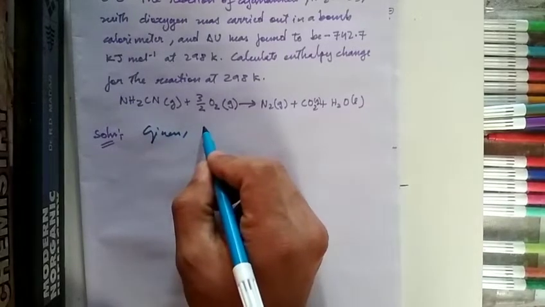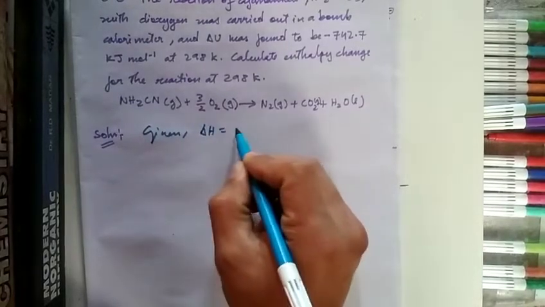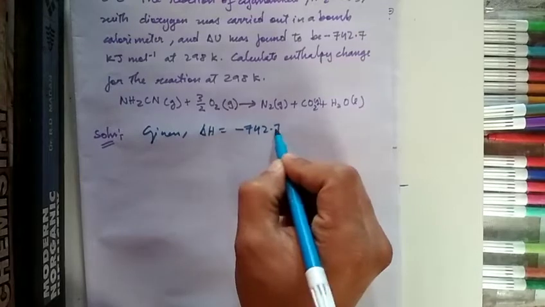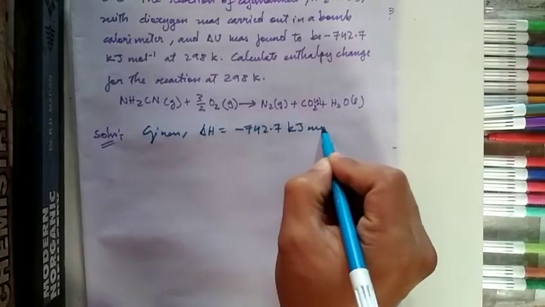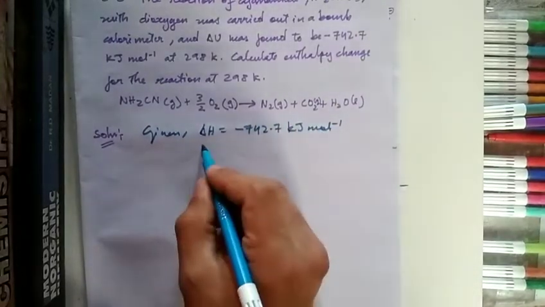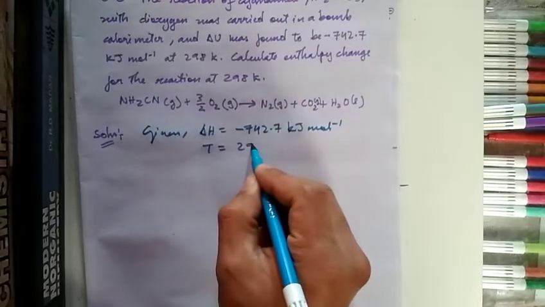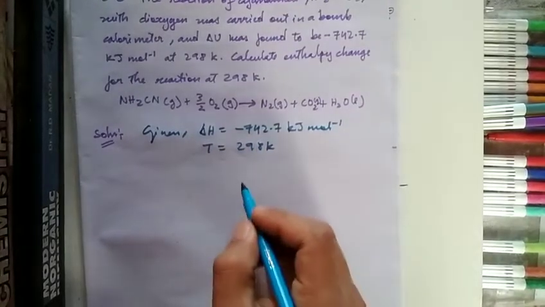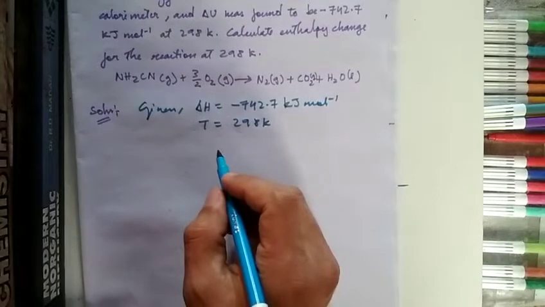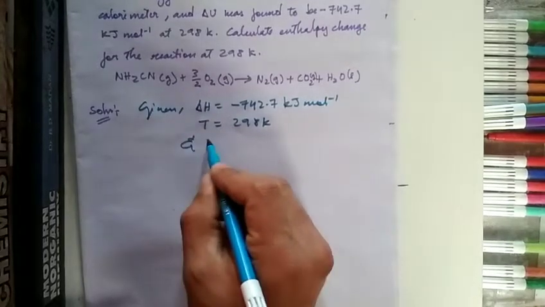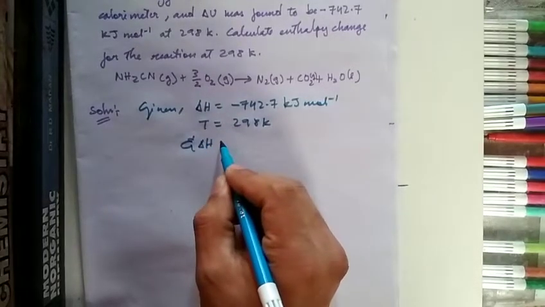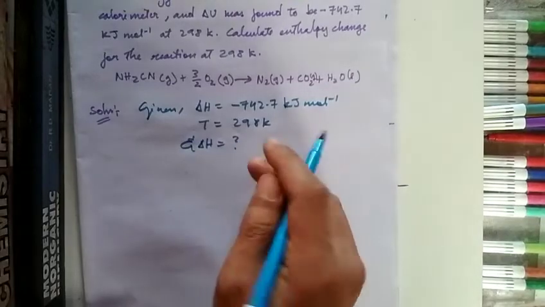Given delta U is minus 742.7 kJ per mole. Now the temperature is 298 Kelvin. Now what we are to find is this delta H, or enthalpy.